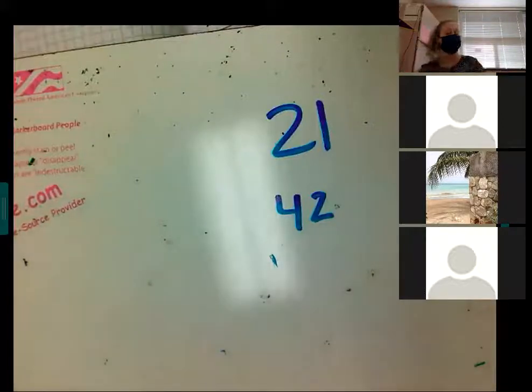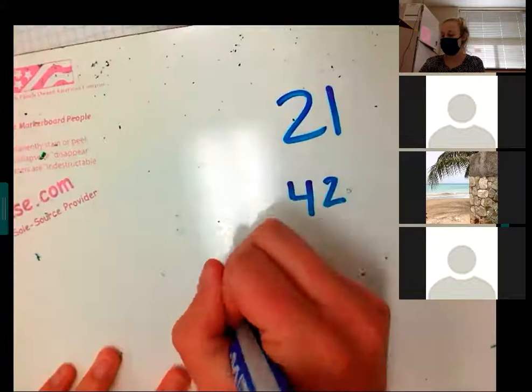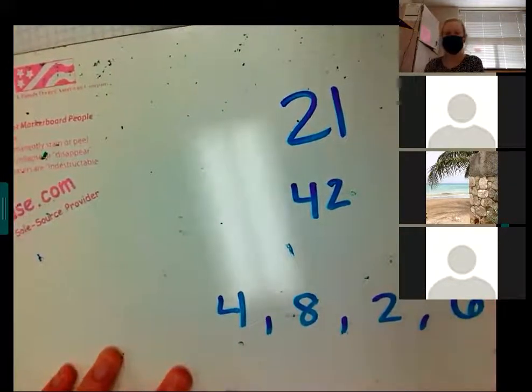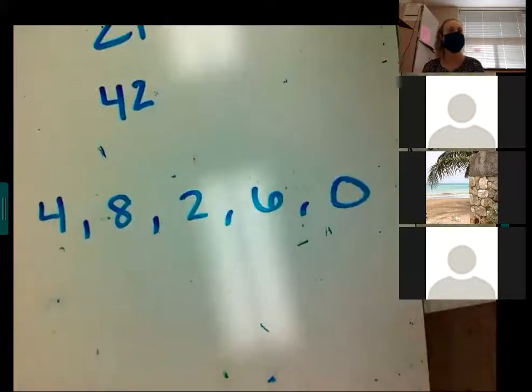Okay, there's tricks with 4s. There's a pattern. If it ends in 4, 8, 2, 6, 0, it'll be divisible by 4.